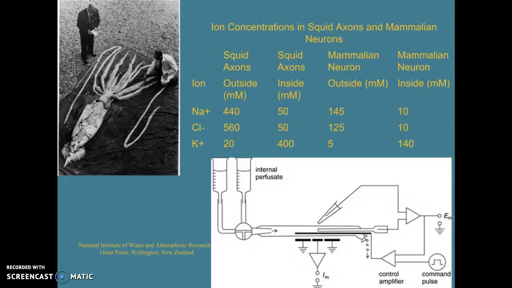As electrophysiology techniques got a little bit better, we were able to even do that with mammalian neurons, and typical mammalian neurons have about a 15 to 1 sodium gradient, more sodium outside than inside, and about a 30 to 1 potassium gradient, more potassium inside the cell than outside the cell.